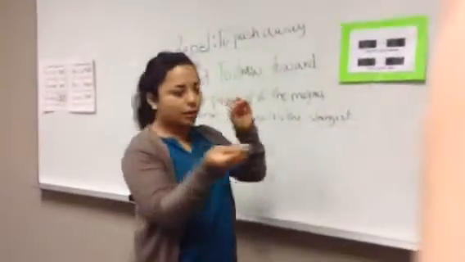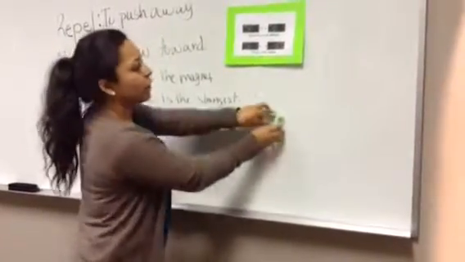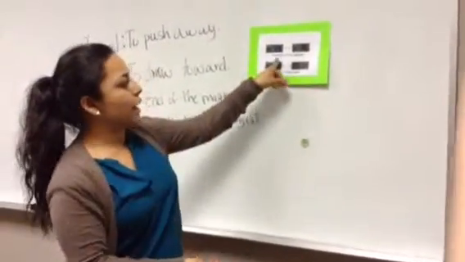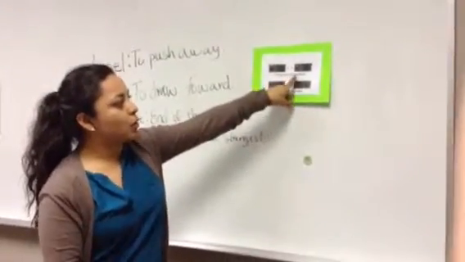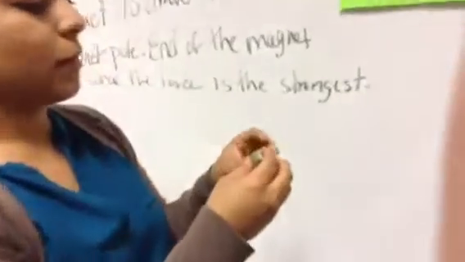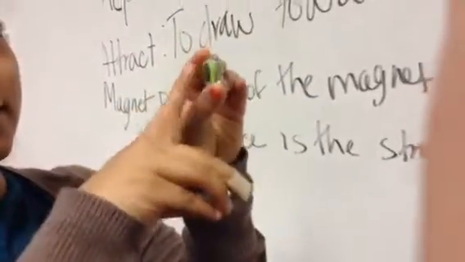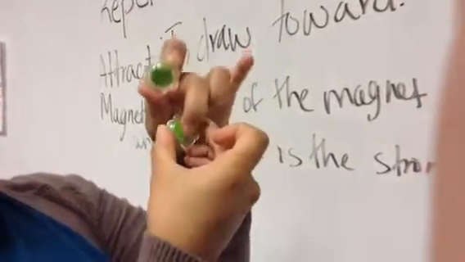And I brought my little flower magnets, as you can see. Okay, so let's go ahead and see if it's true. Opposite poles attract. So this is the north, and then this is the south.